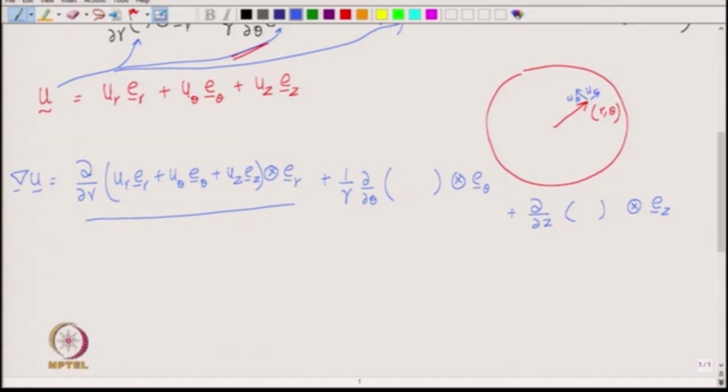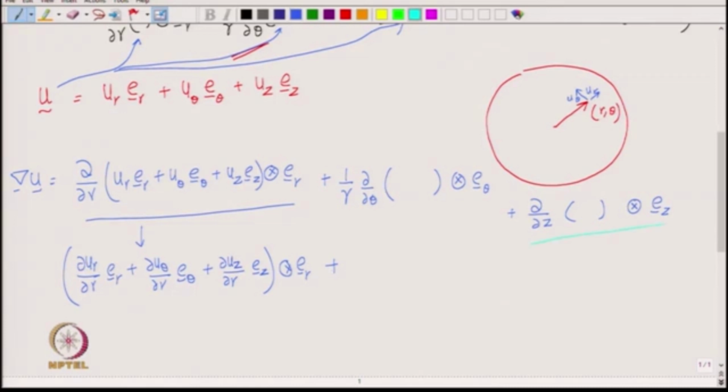So, the first one simply becomes del u r over del r of E r plus del u theta over del r of E theta plus del u z over del r of E z tensor product E r. Okay. So, that was quite easy.